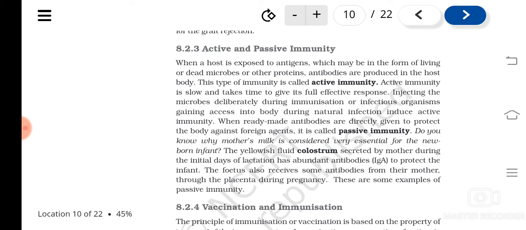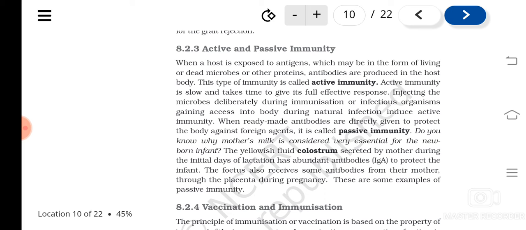But the problem is what? It is very slow and takes time to give its full response. Understood? For example, corona or any other type of pathogen, if it comes directly to the body, the body will prepare the antibodies and start fighting.